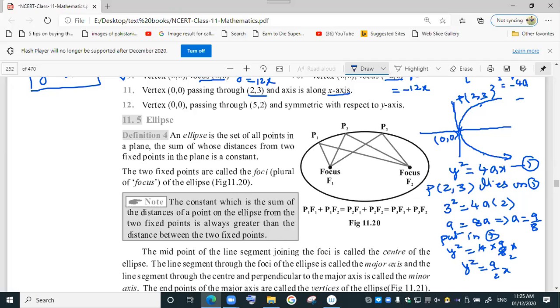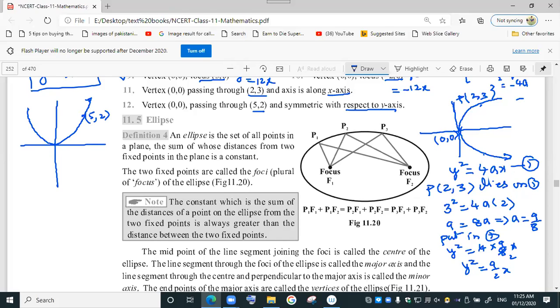This question is similar to this one, but it is symmetric with respect to the y-axis, and the point is again in the first quadrant. This (5, 2) is in the first quadrant here. So obviously you have to draw it like this so that it can pass through this point (5, 2), and the vertex is (0, 0).